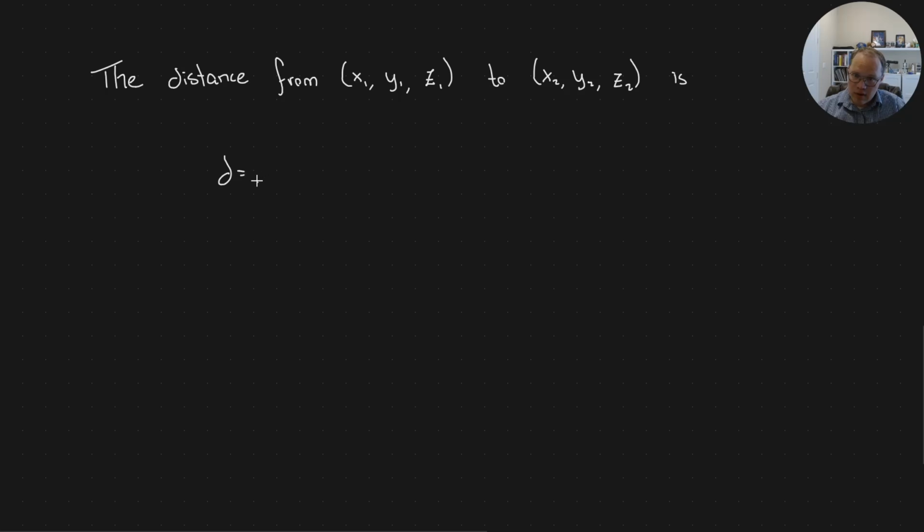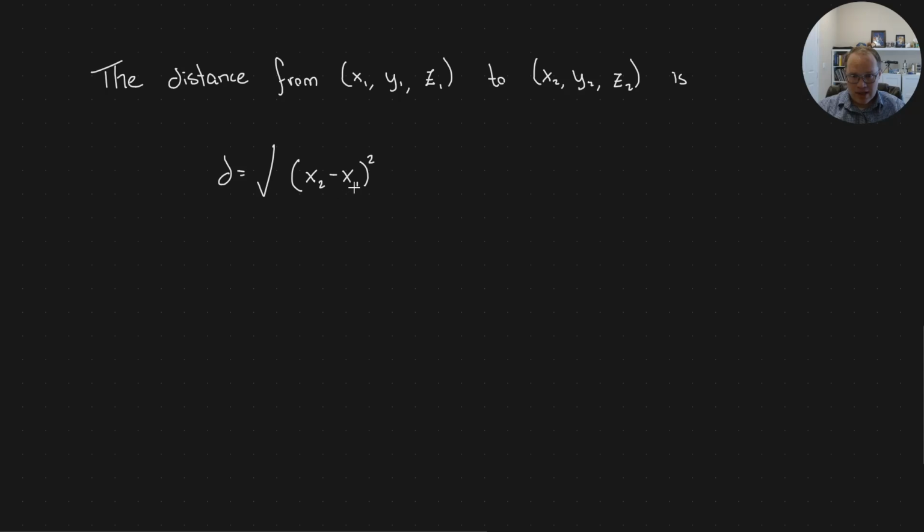But the distance in 3-dimensional space from x1, y1, z1 to x2, y2, z2 is, well, I need to find how far I travel in the x direction. So to go from x1 to x2, the distance between the x's, you just subtract them.